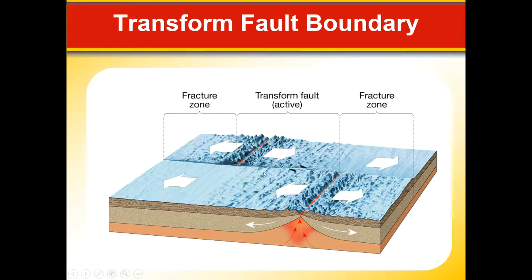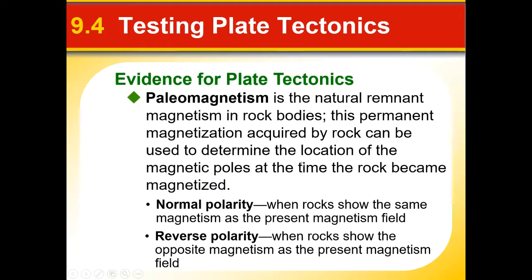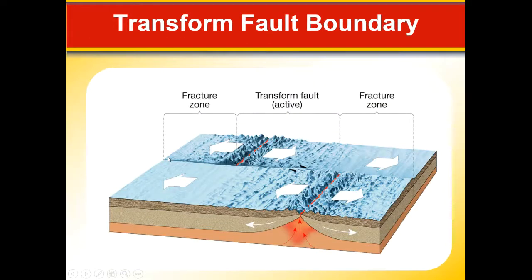So that is one reason for your transform fault boundaries. That is how it is formed. One is the differential motion between your convergent or your divergent boundaries, and another one is your plates just moving in parallel towards each other.